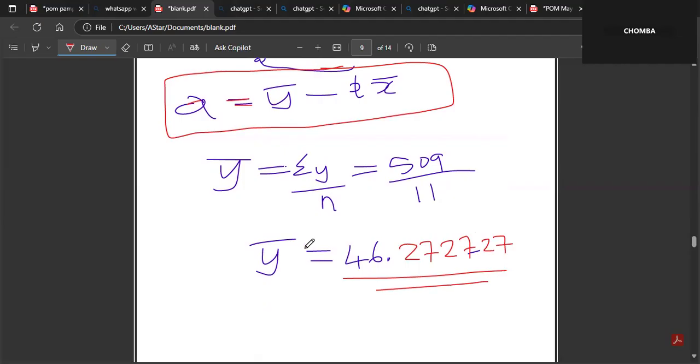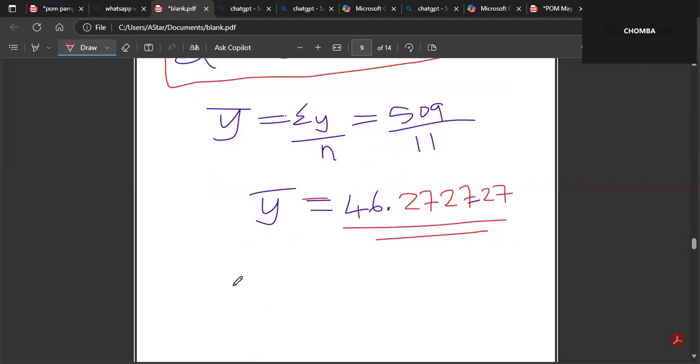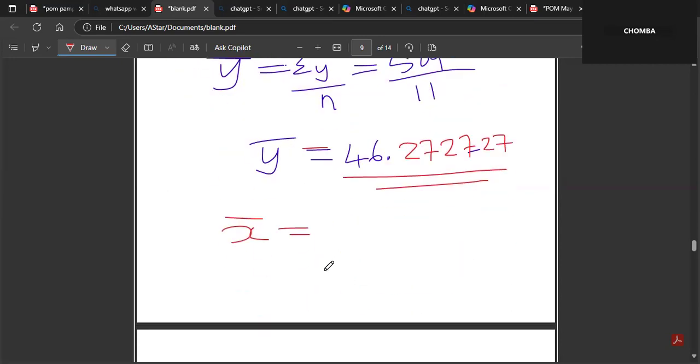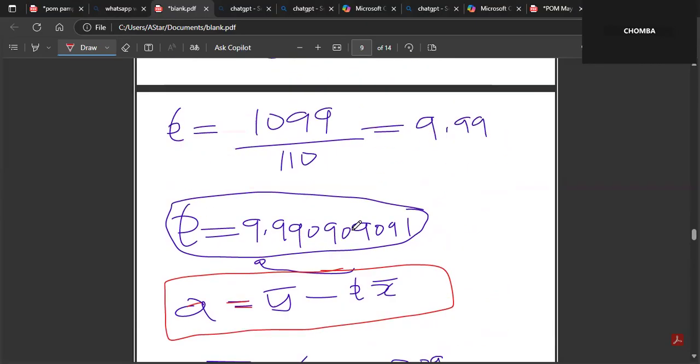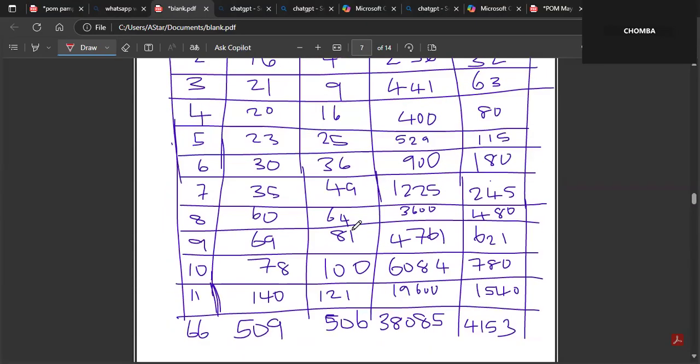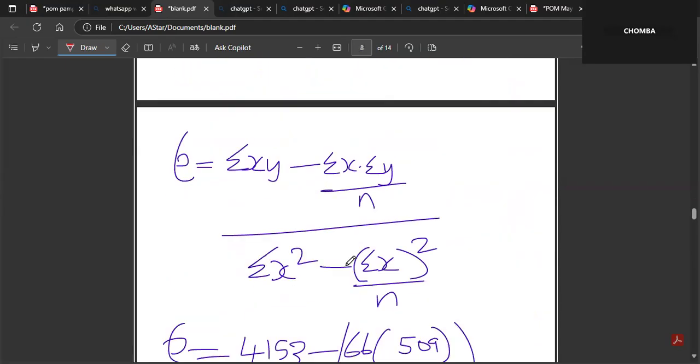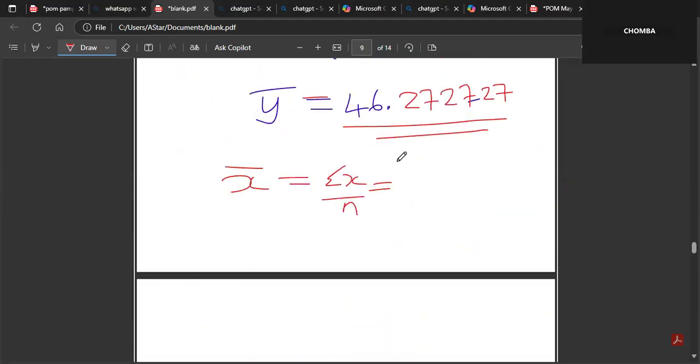Then our x bar will be summation of x over n. The sum of x is 66, divided by 11. The answer is 6.